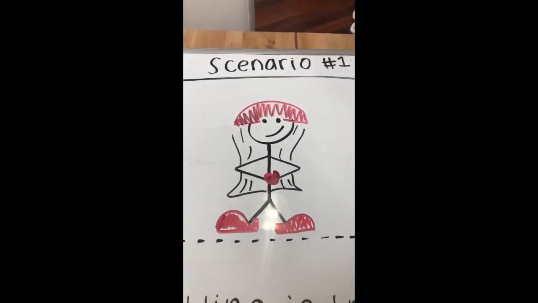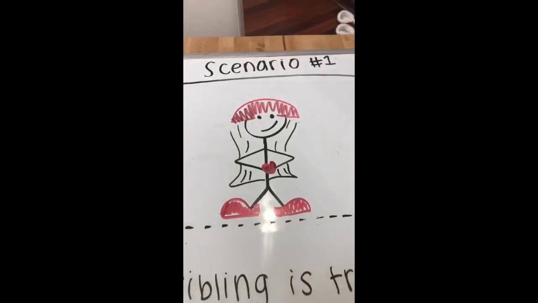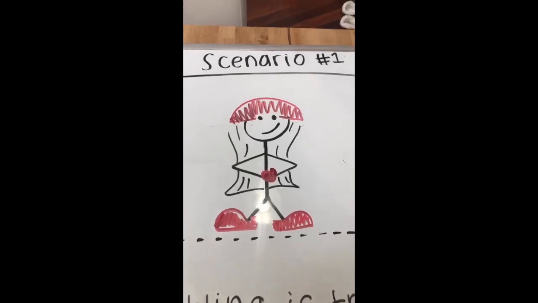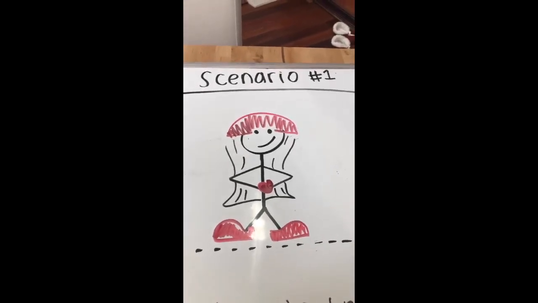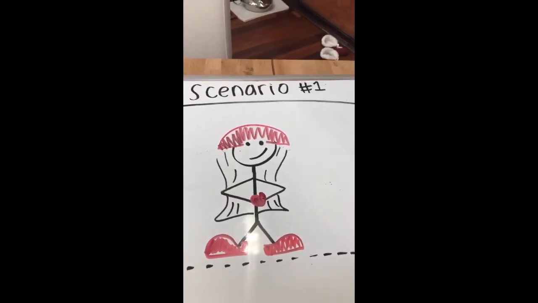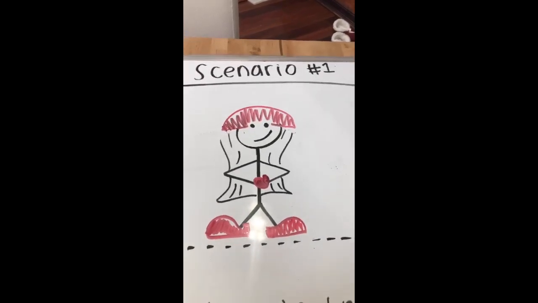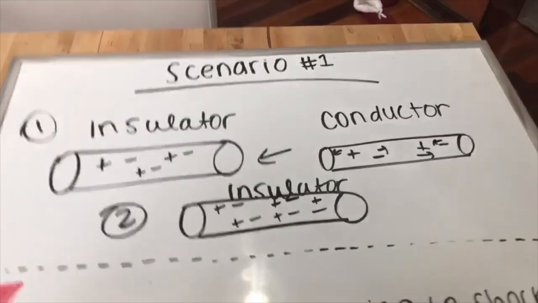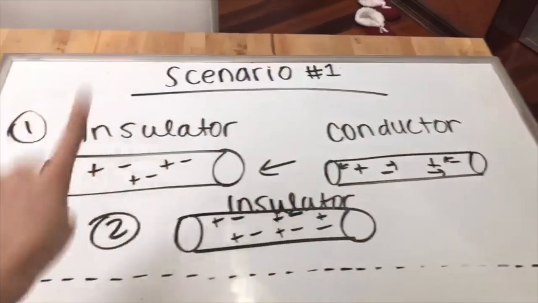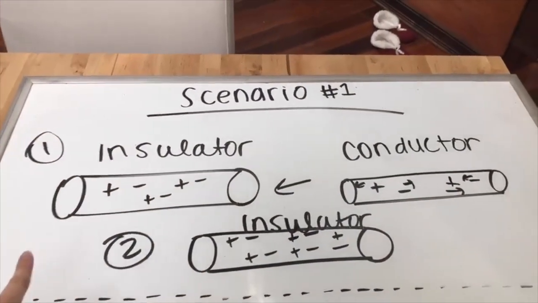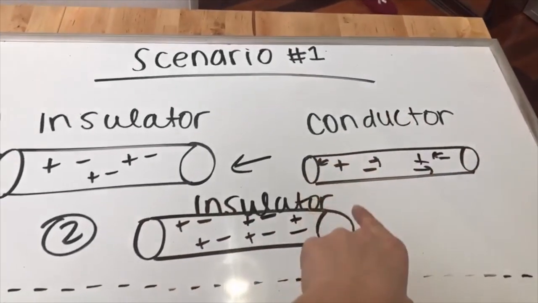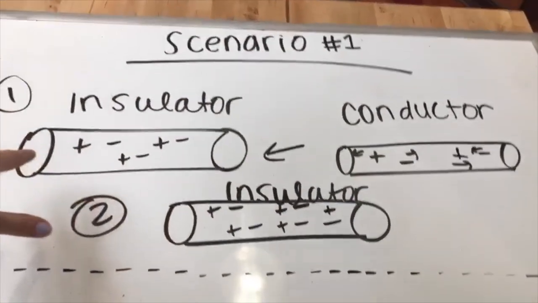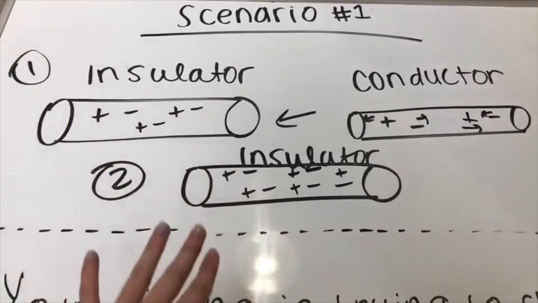So now what we've come up with is that if we can cover ourselves in insulators to the best of our ability, when we get shocked, the shock will not touch our skin, but it will be absorbed in the insulator. So to summarize what has just happened, a conductor has touched an insulator, and these moving charges on the conductor were actually just absorbed in the insulator, and all of the charges are left here, but they aren't moving.